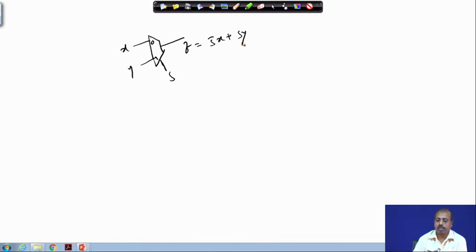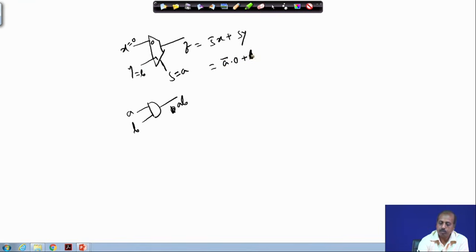Now, you can use this structure to realize an AND gate. How? For the AND gate, I have 2 inputs A and B, and it should give me the function A B. So, if I apply A at S and B at Y, and if I make this x equal to 0, then this function transforms to S bar, that is A bar into 0 plus A into B. A bar into 0 is 0.